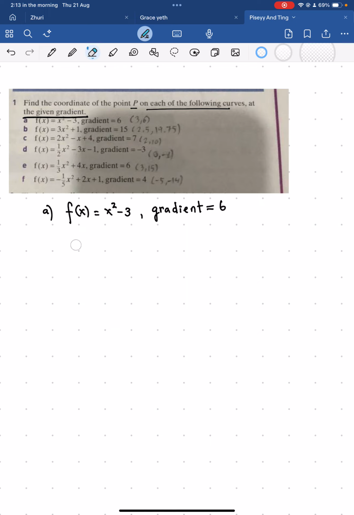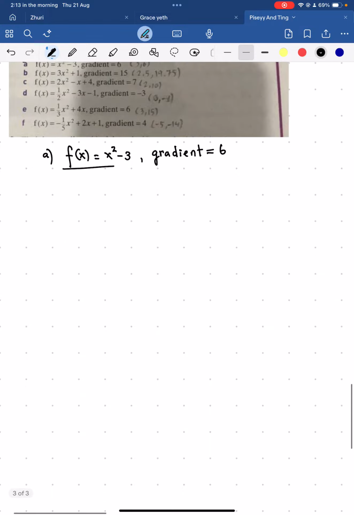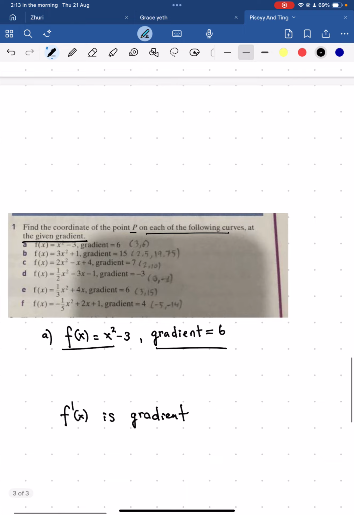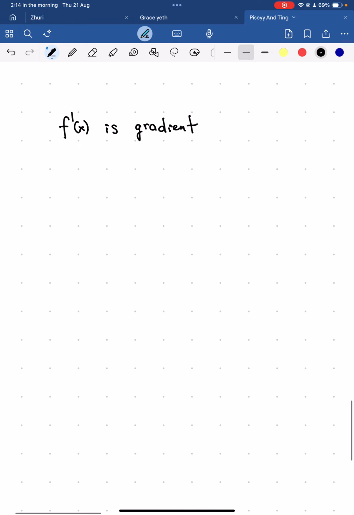Okay, let me tell you something. When they say it like this, it means like this. First of all, you should know what f prime of x stands for. f prime of x is the gradient, the gradient of the tangent to the curve f of x.